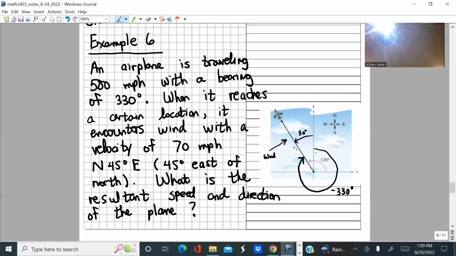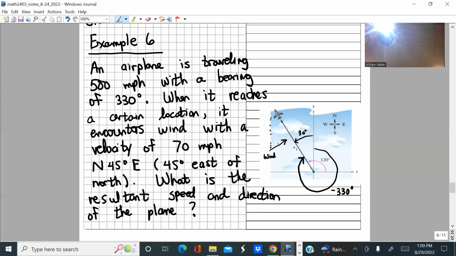Well, of course, we're assuming in the picture that straight up is north, correct? So 45 degrees east of north means the wind is kind of coming in like this, across the path of the airplane. See, right here is north. All right. So this is 45 degrees east of north, in the east direction from north.